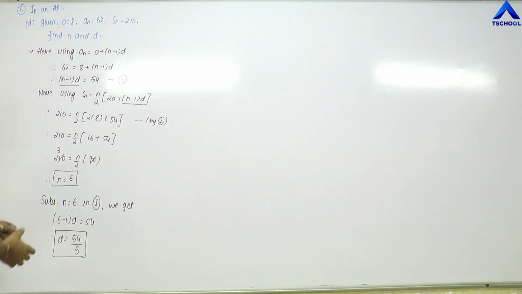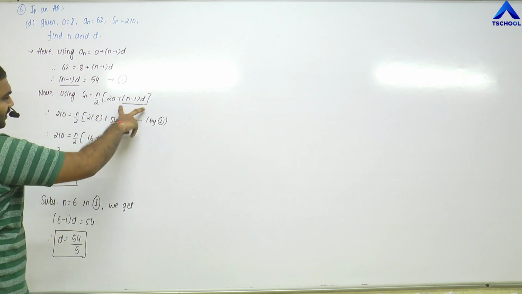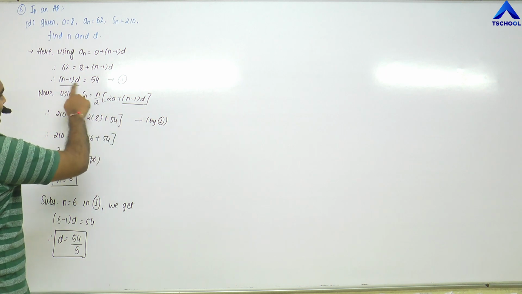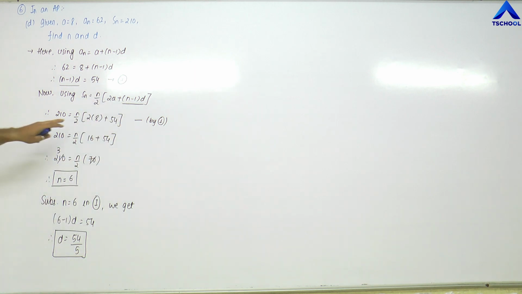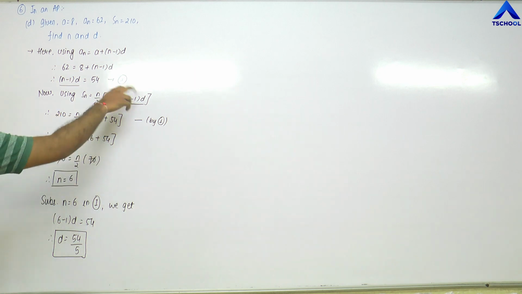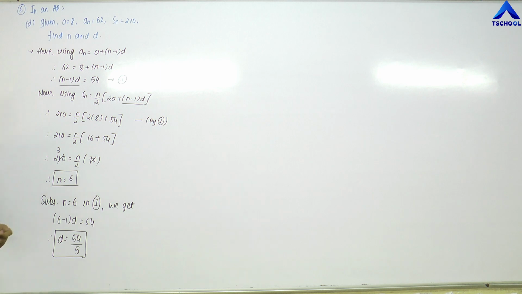So what we are going to do is make this n minus 1 into d as a subject, and whenever this n minus 1 d appears, we are going to simply replace its value, that is 54, in this equation, so that we can directly get rid of it and we are only available with a single parameter, that is n, so that we get the value of n first. Once we get the value of n, it is replaced here in equation number 1. So n, 6 minus 1 is 5 into d is 54, hence d is equals to 54 by 5.